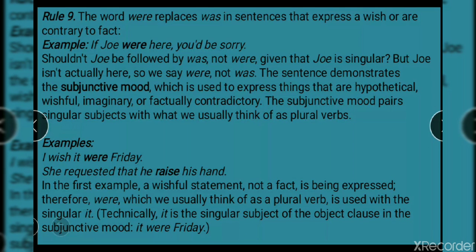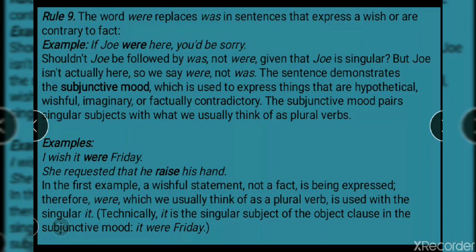Now rule number 9. A wish, a regret, or any unlikely condition, or anything which is contrary to fact. These kinds of statements are expressed in the subjunctive mode, that is the current situation or the present situation.